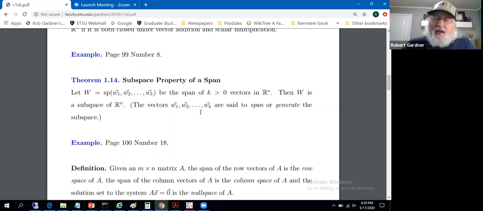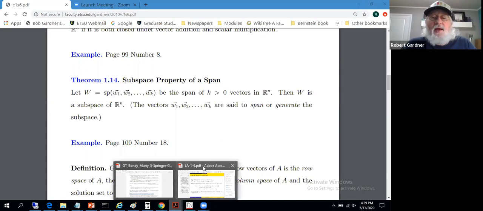Do what you do with vectors. And what you do with vectors is take linear combinations of them. Well, that's why the class is called linear algebra. All right, so the claim is that a span of a set of vectors is a subspace. So what was a subspace? A subset of vectors that was closed under vector addition and scalar multiplication, the two things we do to vectors. All right, let's go through the proof of that.